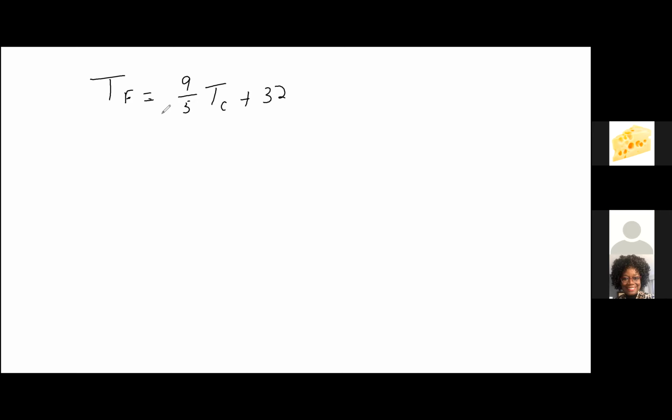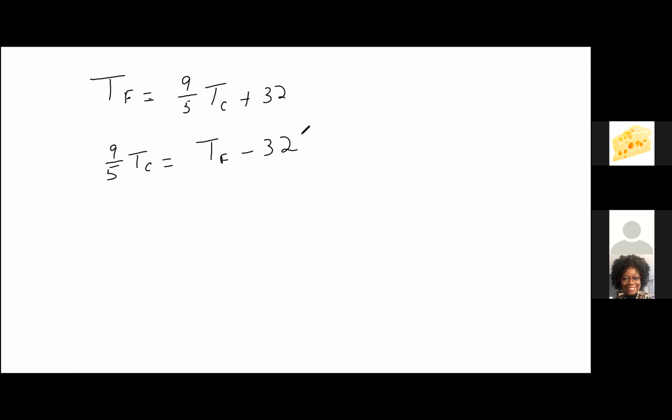So I want to get temperature Celsius by itself. That means that I can write this now as 9/5 temperature Celsius. This is a term that I'm adding to temperature Celsius. So it goes to the other side and becomes negative. So I have minus 32.